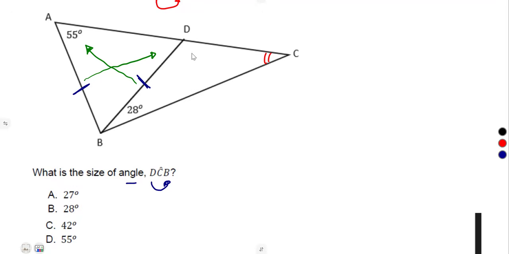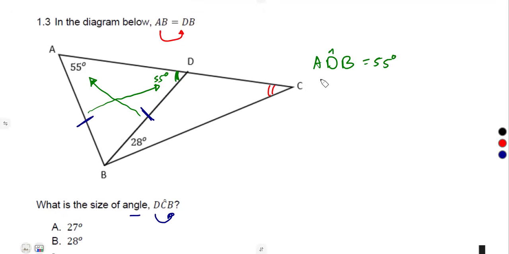So by default, the angle that is formed at D, which is ADB, is going to be 55 degrees. From A to D to B, that angle is going to be 55 degrees, which is exactly equal to the angle BAD, this one.